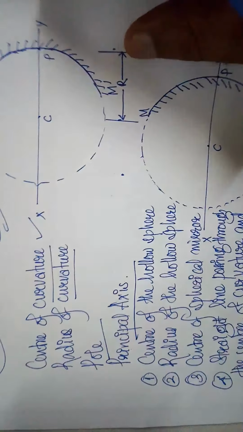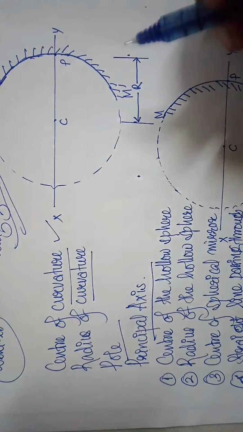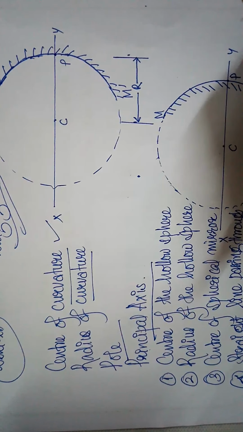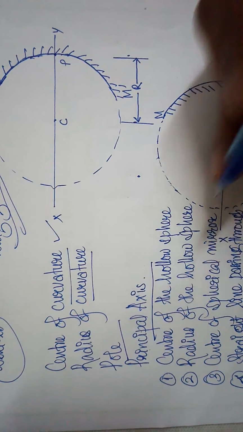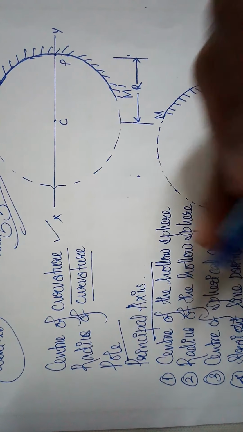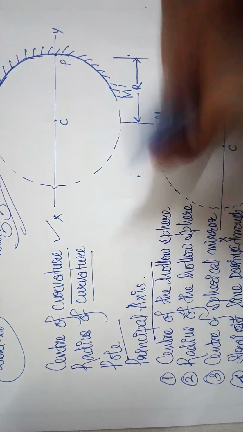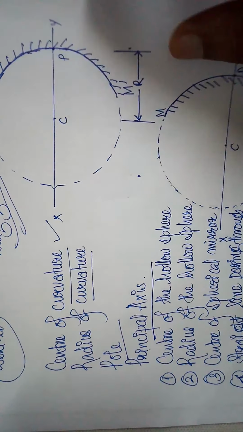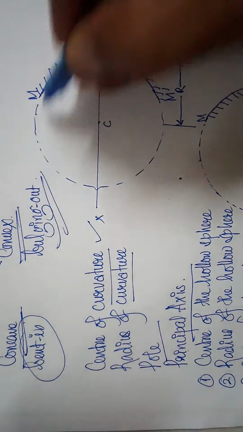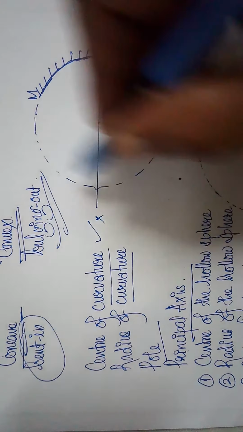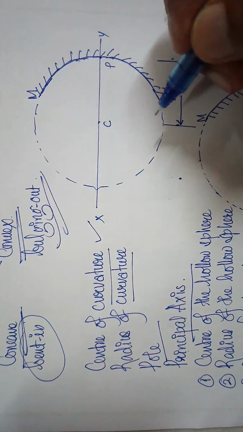The center of curvature of a spherical mirror is the center of the hollow sphere of glass of which the mirror is a part.